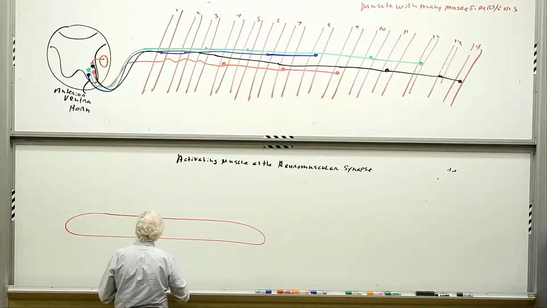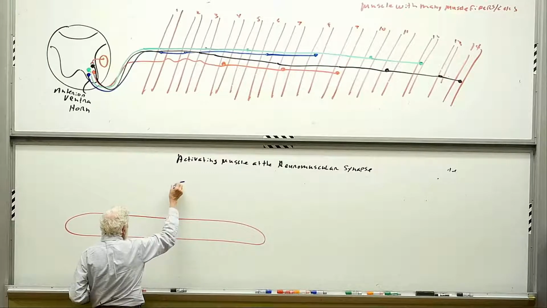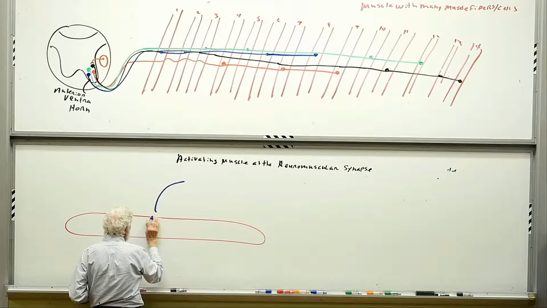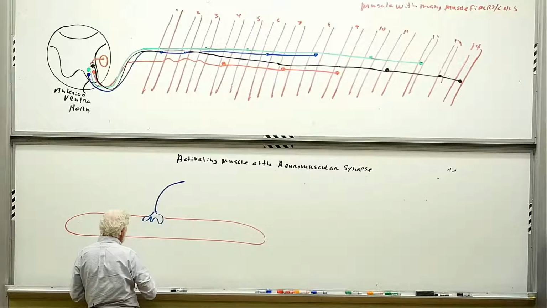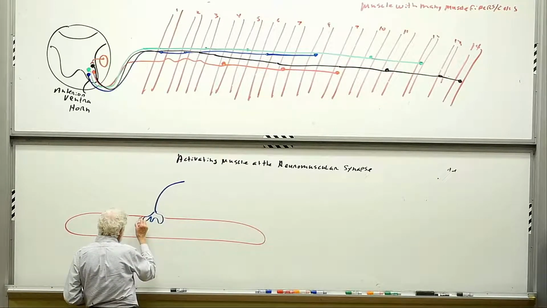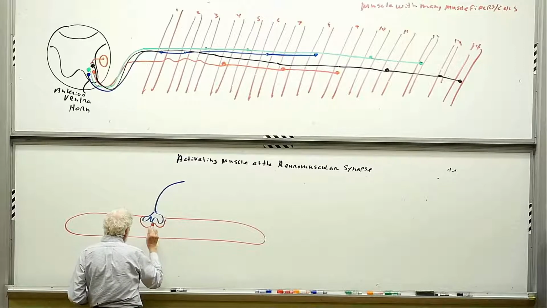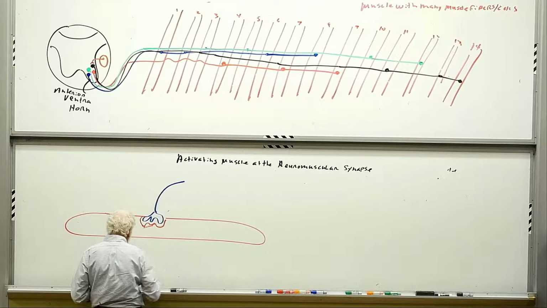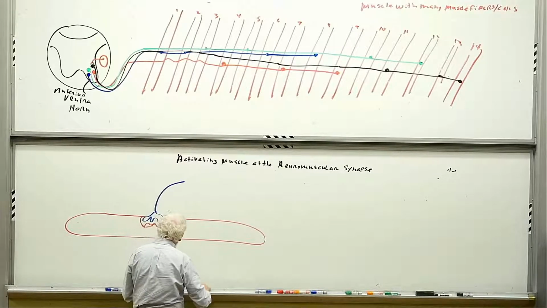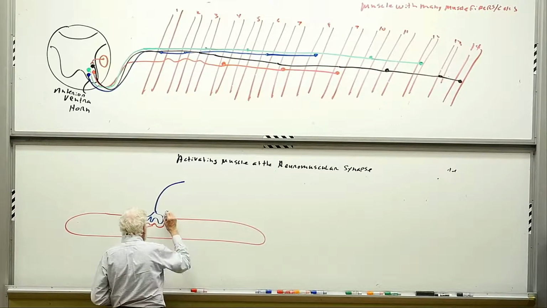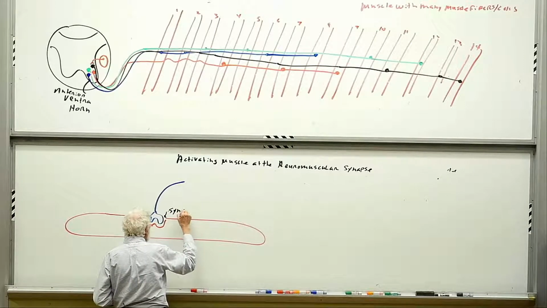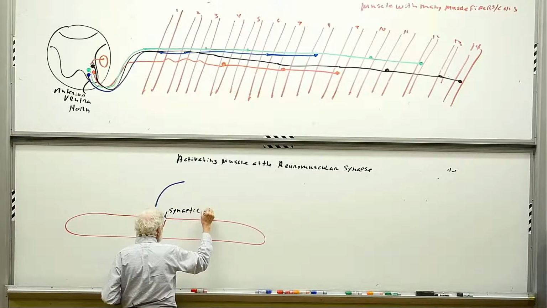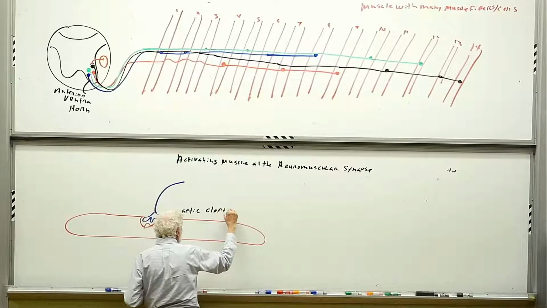In blue, we have one of these lower motor neurons, and it forms a synapse between the muscle fiber and the lower motor neuron. There's always a gap between the lower motor neuron and the muscle fiber membrane. This is said to be the synaptic cleft, or gap.